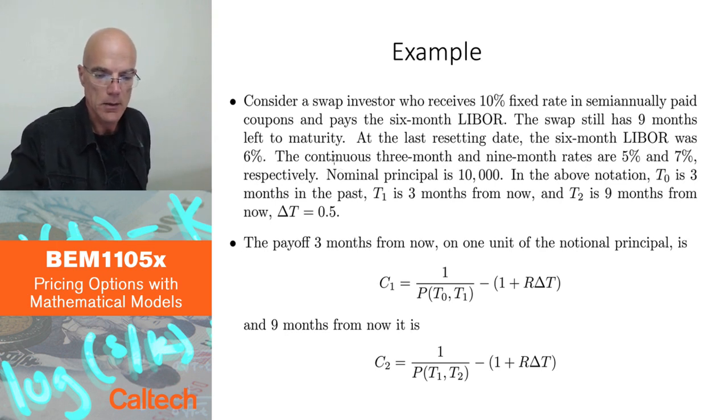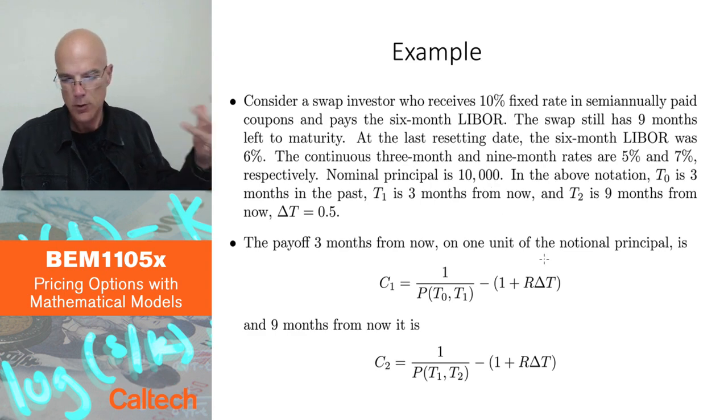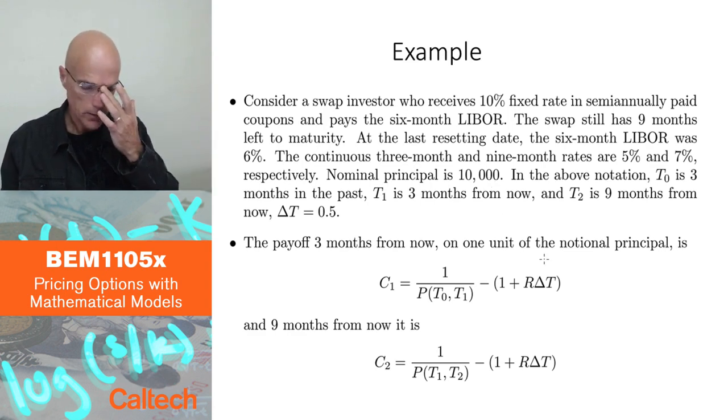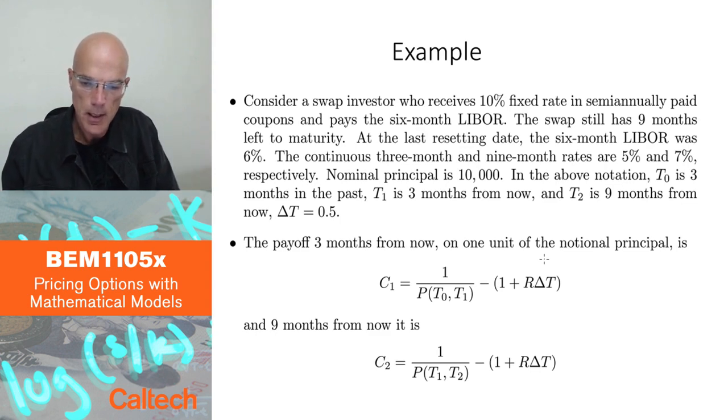And the continuous 3-month and 9-month rates are now 5% and 7%. Let's assume that this swap is written on the nominal principal of 10,000. This is just to know how much the payments will be.